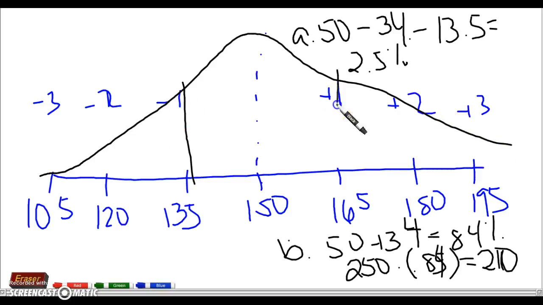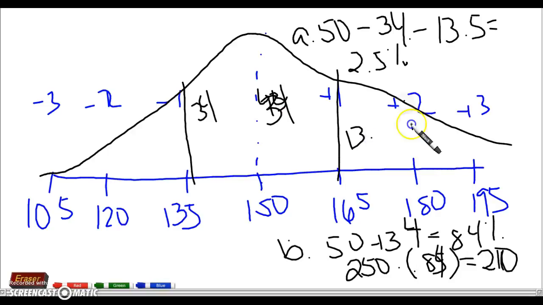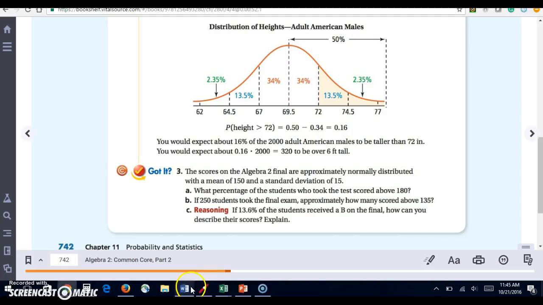So let's say this is between 34 and 34. Oops. This is 13.5. And this is 13.5. And this is 2 point something. And that's 2.35.